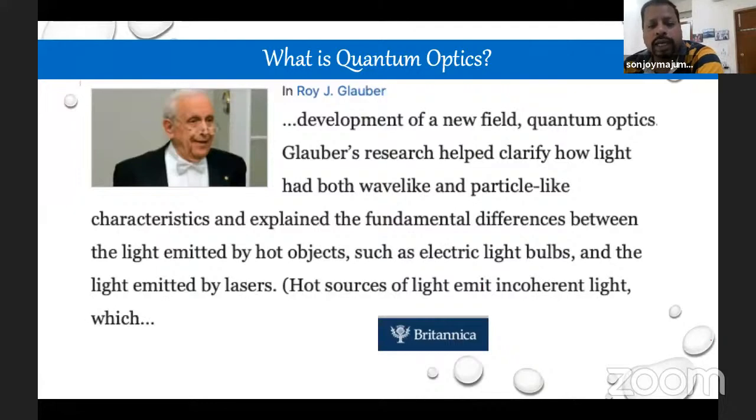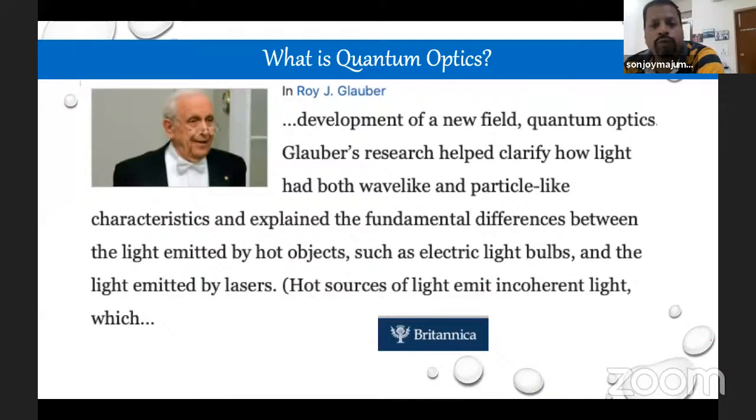He also explained what is the fundamental difference between the light which is emitted from a hot object, just like you have a light bulb.